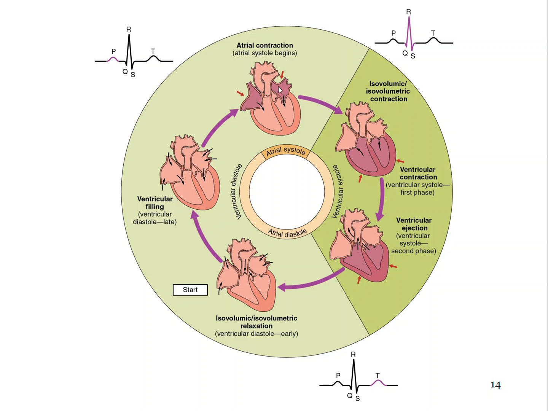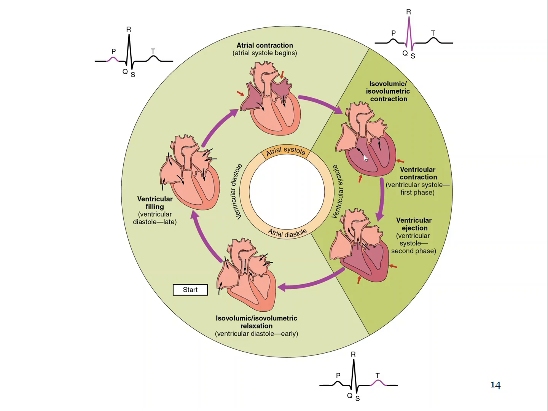By atrial systole, the remaining blood inside the atrium is pumped into the ventricle. At the end of the atrial systole, the ventricular systole will start, which is the start of the systole of the heart in the cardiac cycle.